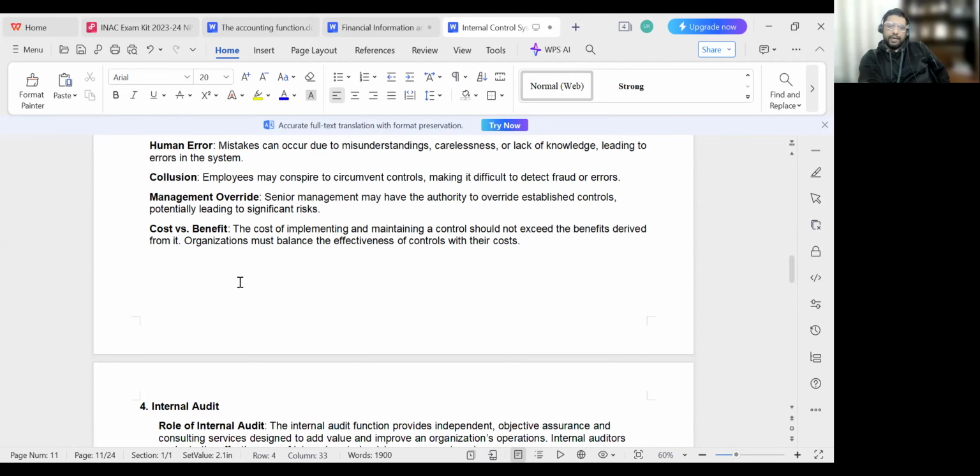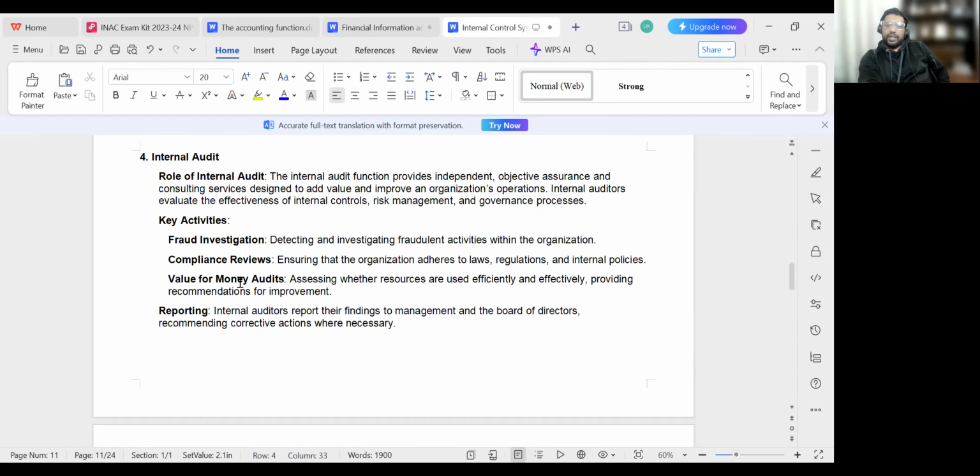Now we are going to talk about internal audit. Internal audit is basically a department, and it is part of the internal control system. The difference between internal audit and external audit is that external audit works for the external stakeholders.